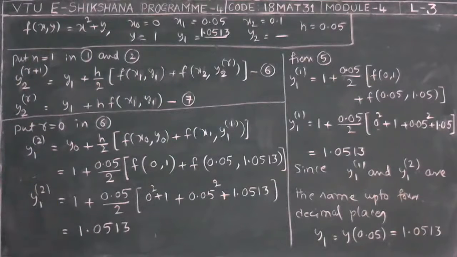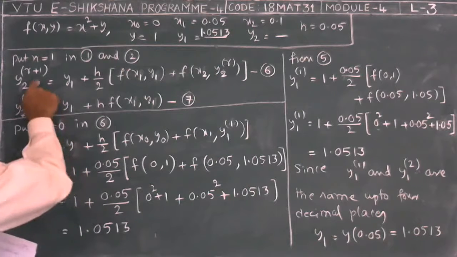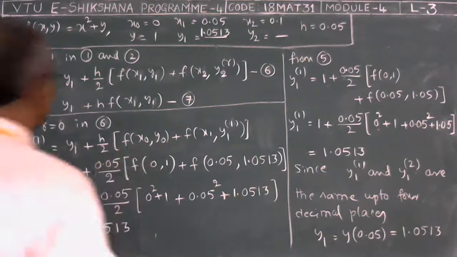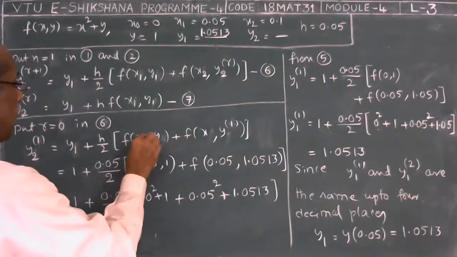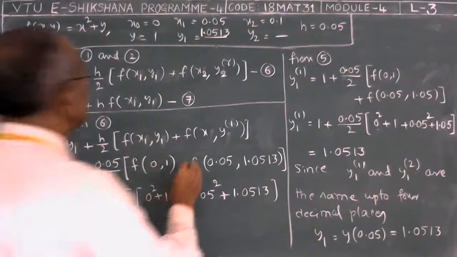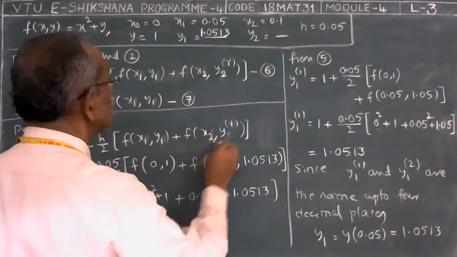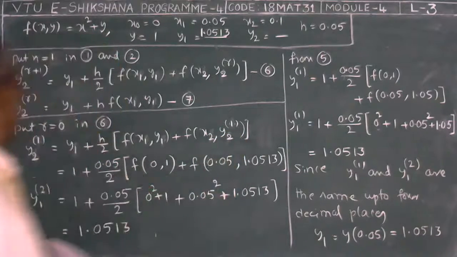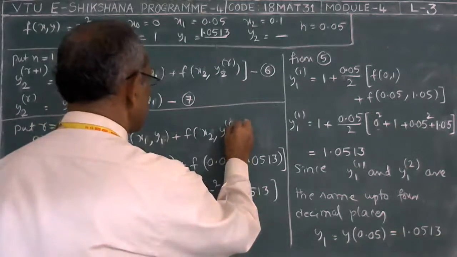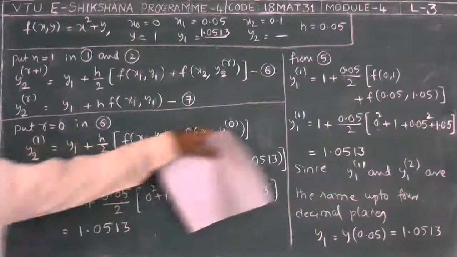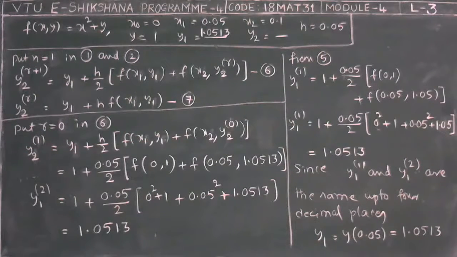So what do you get? y21 is equal to, fixing r equal to 0 in 6, y1 plus h by 2 into f of x1 comma y1 plus f of x2 comma y2 0. When r is 0, this will be 0. So what is y20?